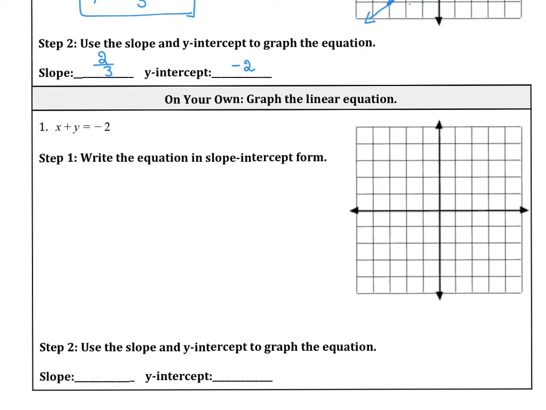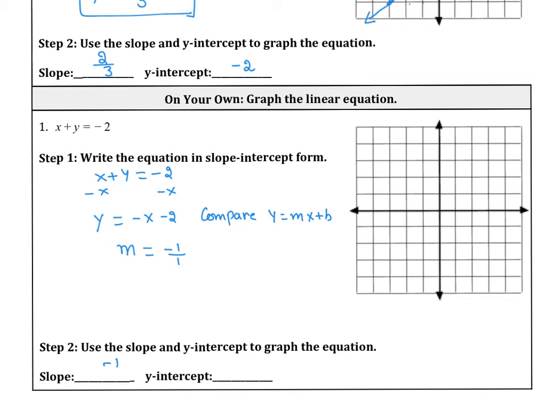Now we are going to graph number 2, and the first step is to isolate the y. So to isolate y, we are going to subtract x on both sides. So y equals negative x minus 2. Now if you compare it with y equals mx plus b, then m is going to be negative 1 or negative 1 over 1.